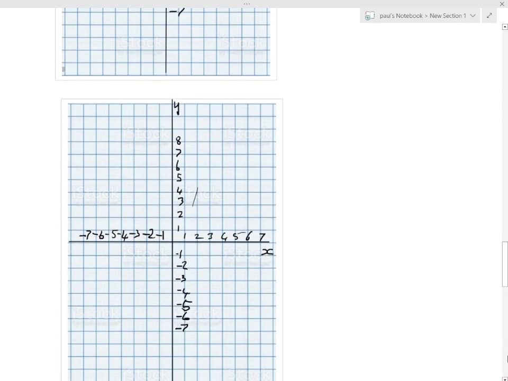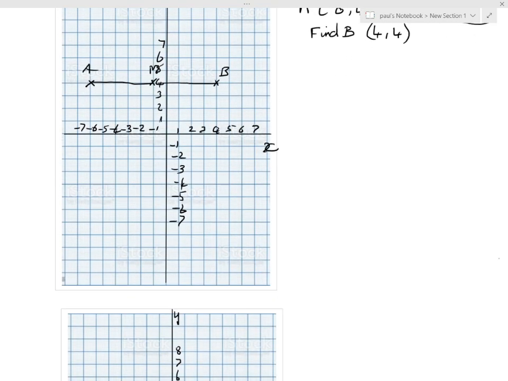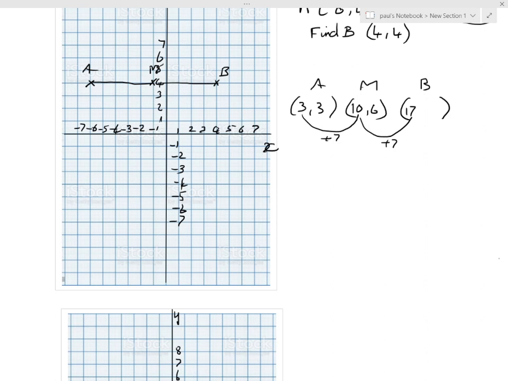So let's do this without the graph. Let's do 3, 3 for A. The midpoint is 10, 6. So to find the end of the line, B, we need to go from 3 to 10, which is plus 7, and then plus 7 again, so that equals 17.